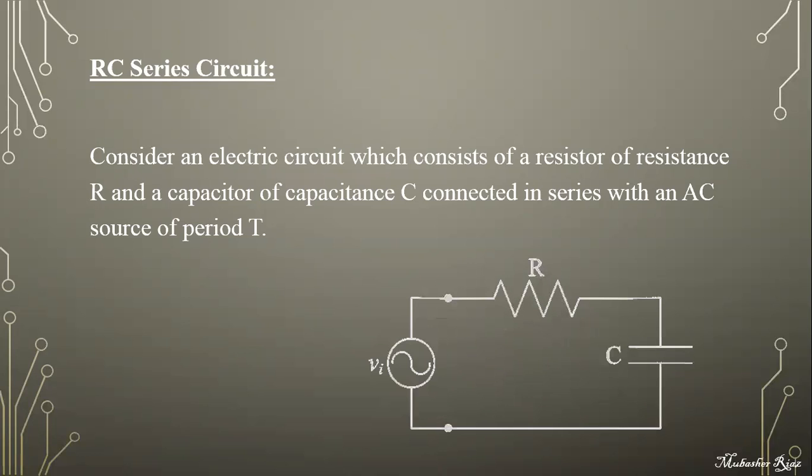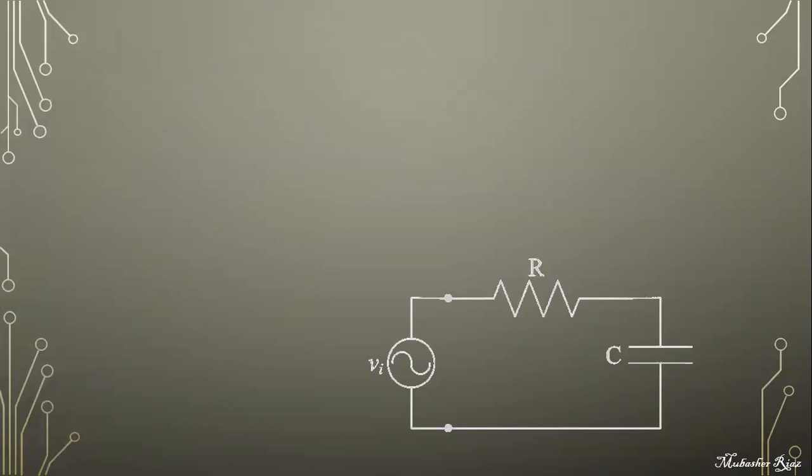So this is an electric circuit where two components are present in series, resistance and capacitance, connected with an AC source. We know that in series combination, the total voltage is divided. Hence, the voltage across resistance is VR, and the potential drop across capacitance is represented by VC.